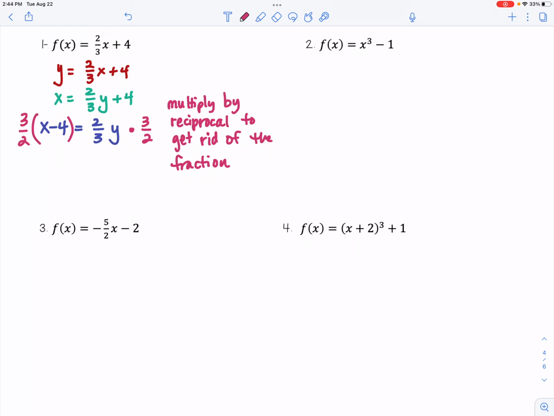Be really careful. It's not just the x that we're multiplying, it's the x minus 4. So when we distribute, we get 3/2 x. 3/2 times -4 is -12/2, which is just -6. These canceled out, we're left with just y.